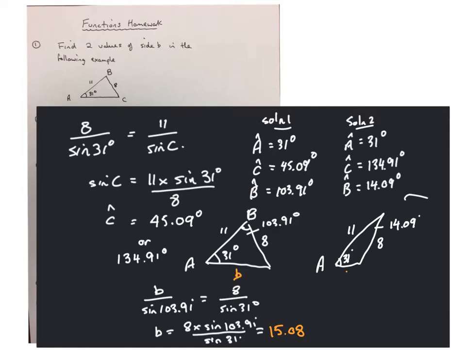And again, we've got to find this side B. So we know that B over sine 14.09 equals 8 over sine 31, and B equals 8 times sine 14.09 all over sine 31, which equals, we get the answer 3.78. So there's our two answers, 3.78 for B and 15.08.